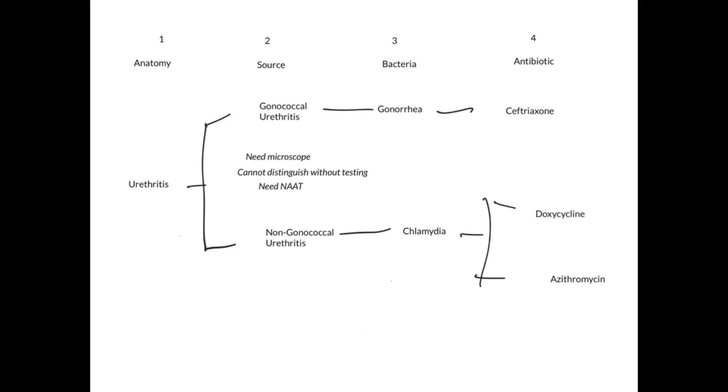Now, this whole structure assumes that these patients are not reliable for follow-up. So let's just say a small percentage of our patients are not reliable for follow-up. Somebody comes into our clinic, they have urethritis, and they're leaving to go back to wherever they came from, and we're never going to see them again, right? Well, they're unreliable.